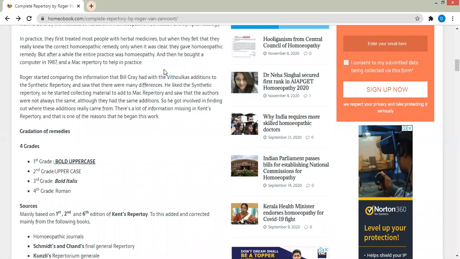But afterwards, after getting results with homeopathic medicines, slowly he used homeopathic medicines only in his practice, and slowly he gave us many new repertories which are helpful in practice.